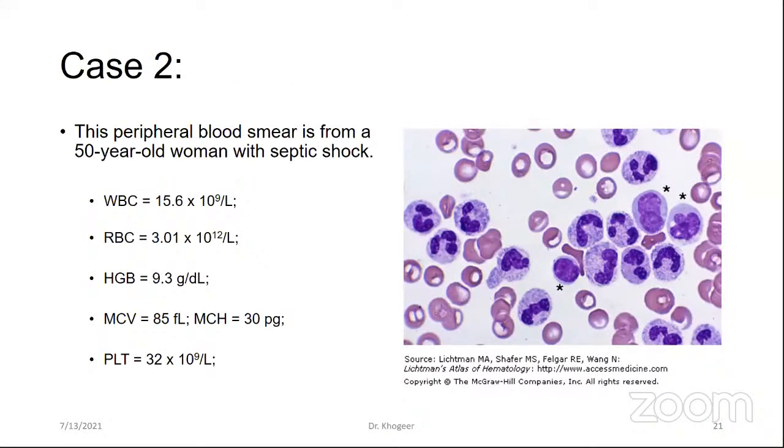So going back to the previous case to discuss it in detail. This is a peripheral blood smear, again from a 50-year-old woman with septic shock. Her laboratory results, as we said, show leukocytosis, and the differential shows mainly neutrophils that represent around 85%.